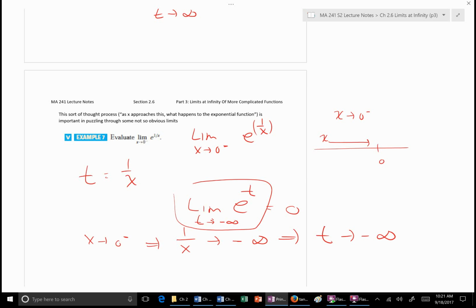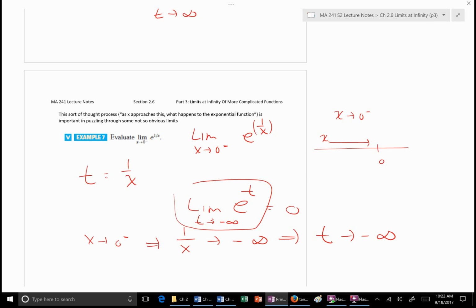So you can say, okay, as x is going to 0 from below, x is getting really small and negative, so 1 over x is getting really large and negative. So e to the minus a large number is equal to 0. You're going through exactly the same thought process. Okay? If you can do that, that's fine.